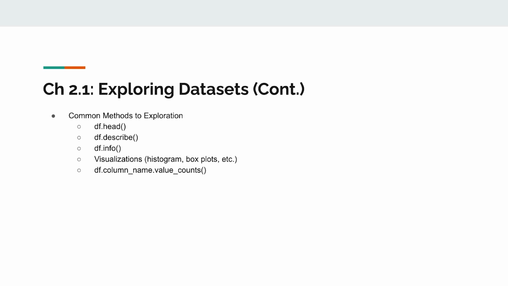Next, there's the .info function. .info is a built-in pandas function similar to describe and head, and it shows what kind of data type each column in the data frame is, and it also shows how many non-null values there are.